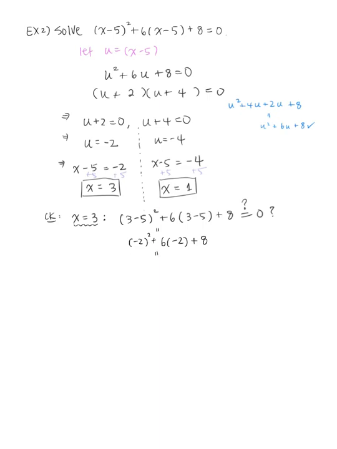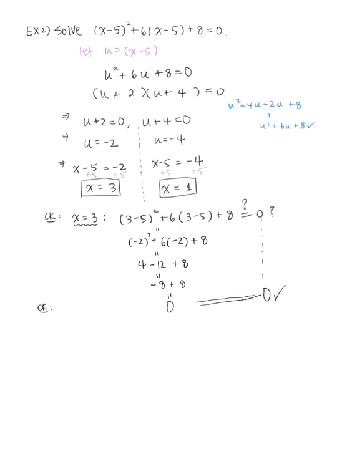Now negative 2 whole quantity squared is 4, and then 6 times negative 2 is minus 12, and then plus 8. All right, 4 minus 12, that's negative 8 plus 8, which equals 0, which matches up with this 0. So therefore, x equals 3 is going to be our solution.